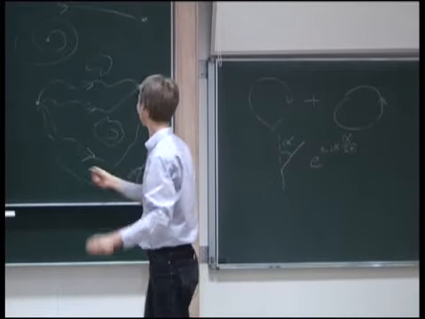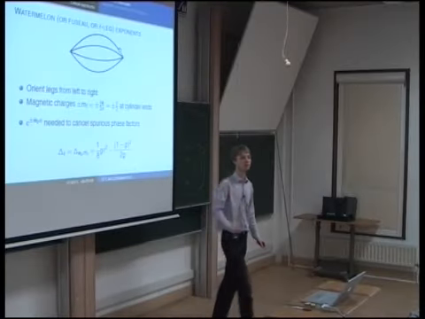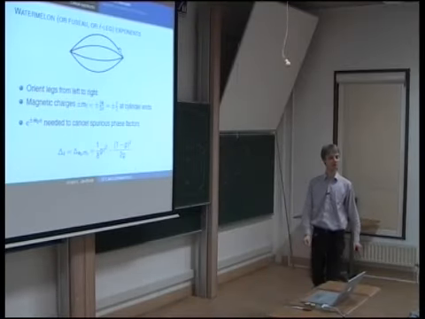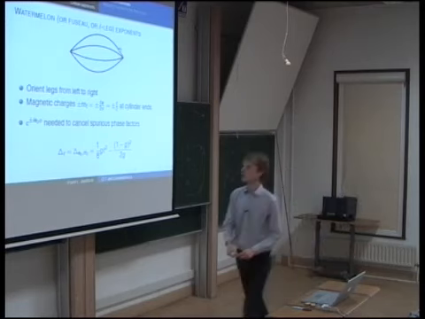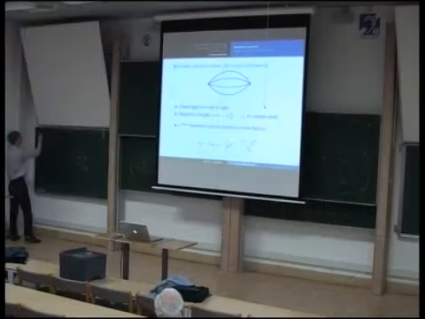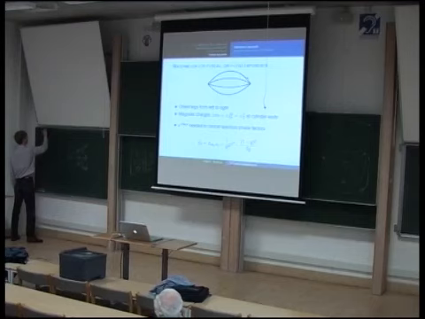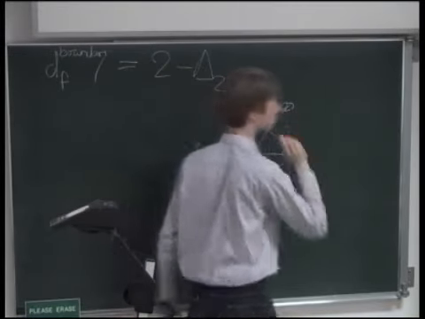And so the object that is going to come out here is just the codimension of the fractal dimension. So 2 minus delta 2 is equal to the fractal dimension of the boundary. So d_f of the boundary is going to be 2 minus delta 2.